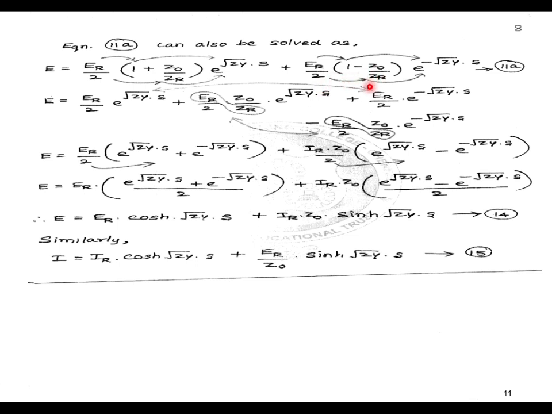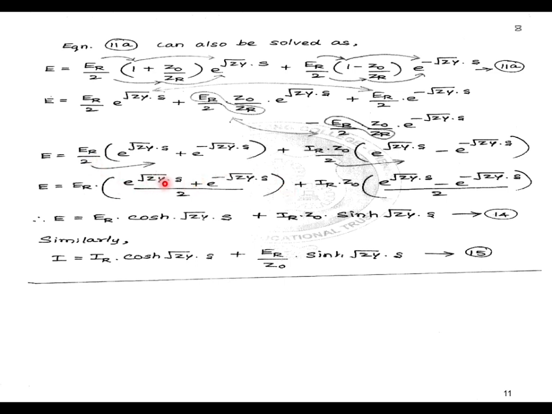So ER divided by 2 into e power root of ZY S and IR into Z0 divided by 2 into e power root of ZY into S plus ER divided by 2 into e power minus root of ZY S. Here see this ER divided by 2 and ER divided by 2.